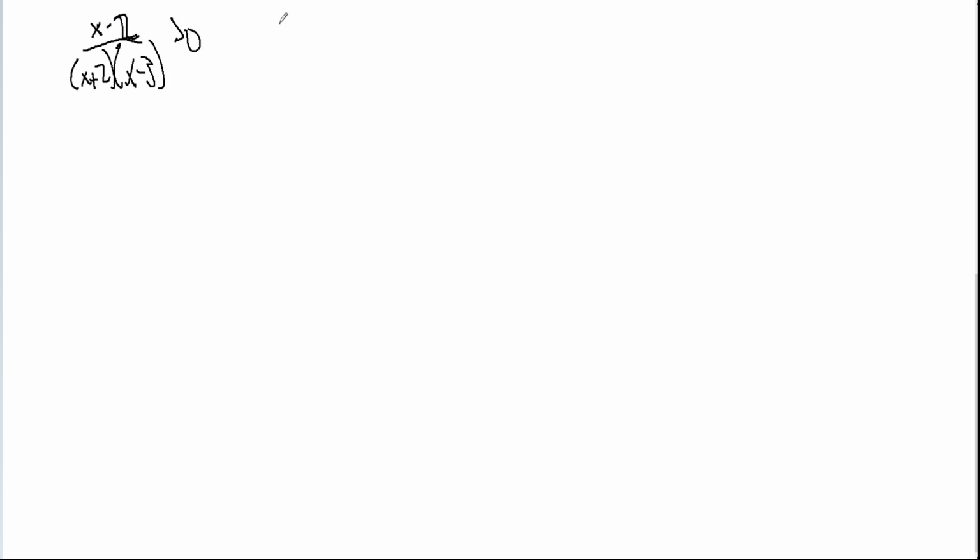So we have x minus 2 equal to 0, we have x plus 2 equal to 0, and x minus 3 equal to 0. Each of these will give us our 3 critical numbers.